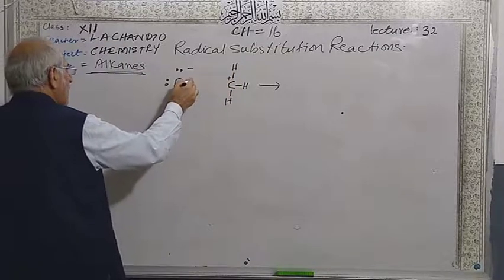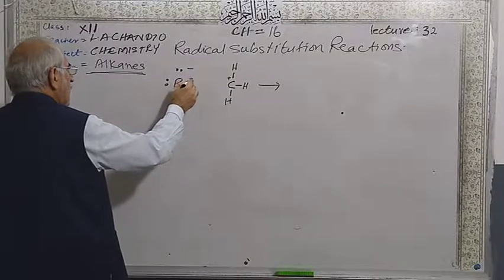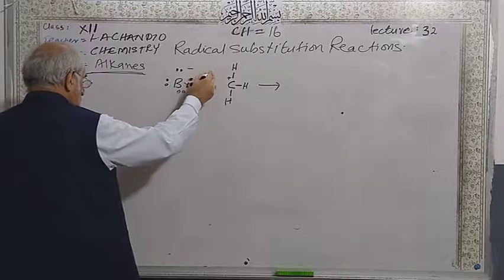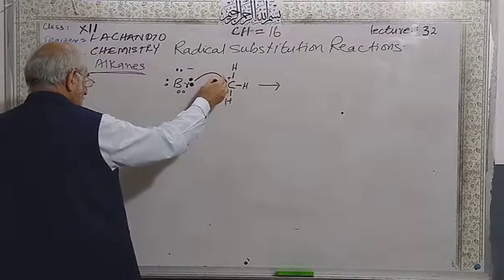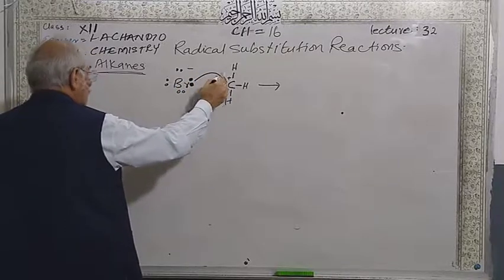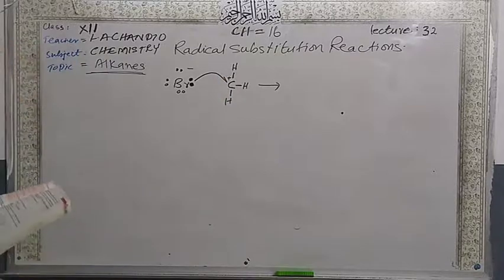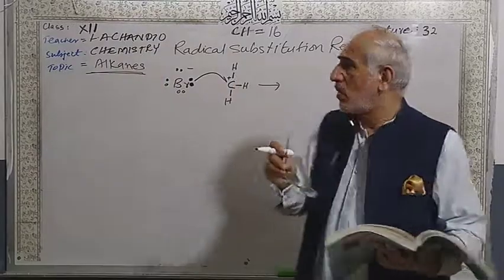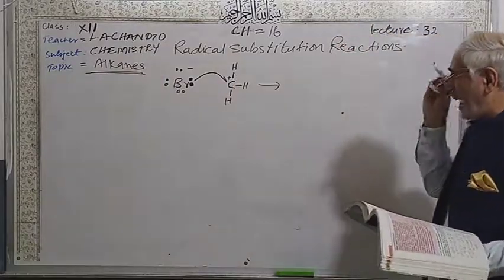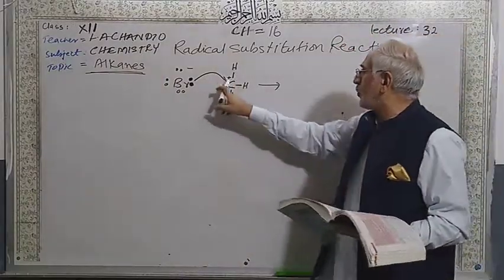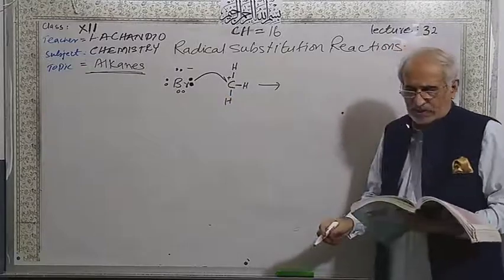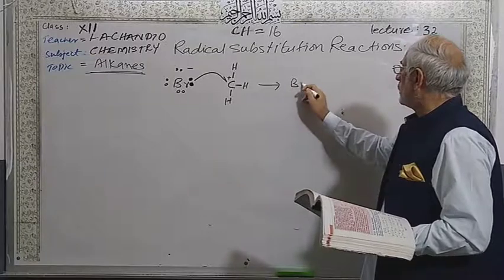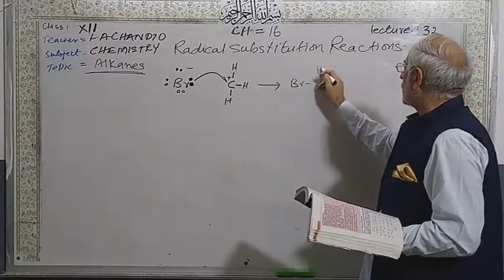So this unpaired electron, if the unpaired electron moves, the half curly arrow is shown. When the one unpaired electron moves towards the electron deficient center, you will get methyl bromide.